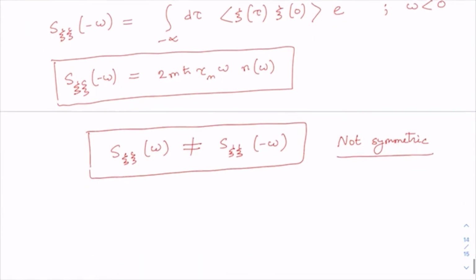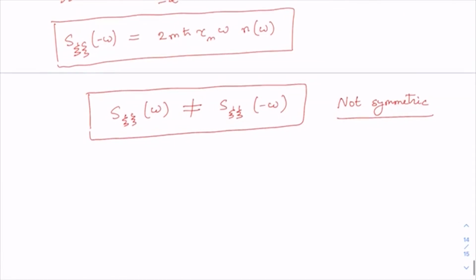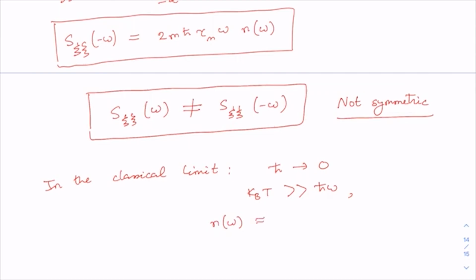In the classical limit, however, h cross tends to 0 and kB T is much greater than h cross omega, and in that case the average phonon number can be written as kB T divided by h cross omega.